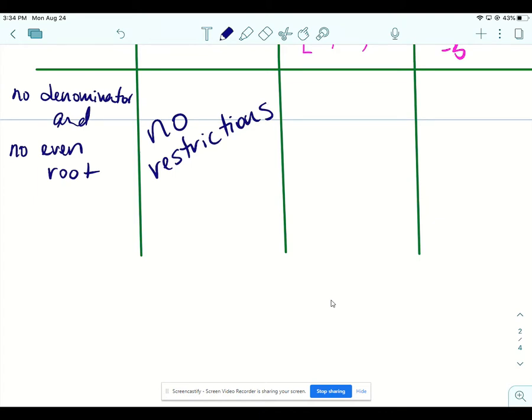So an example of a function with no even root and no denominator is h of x equals x squared plus 3x minus 5. No denominator, no even root. So for your domain, you would say all real numbers. Now I don't want you to put ARN, that drives me crazy.